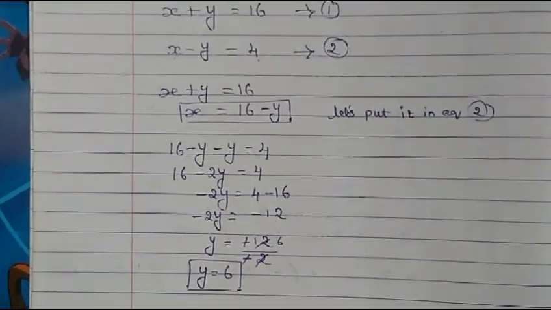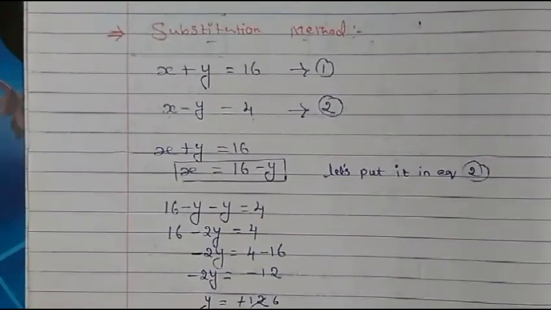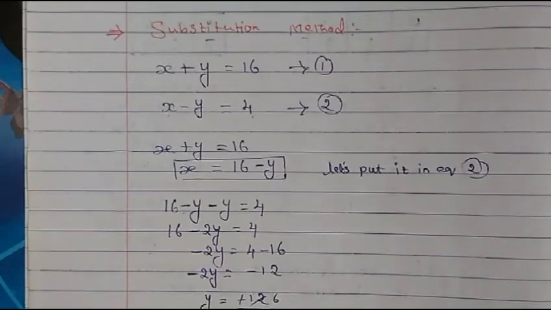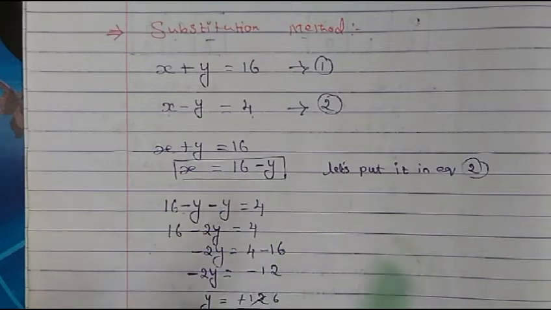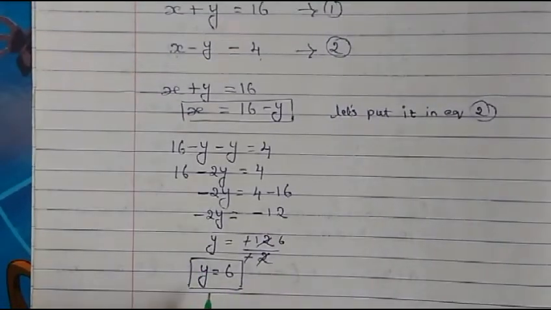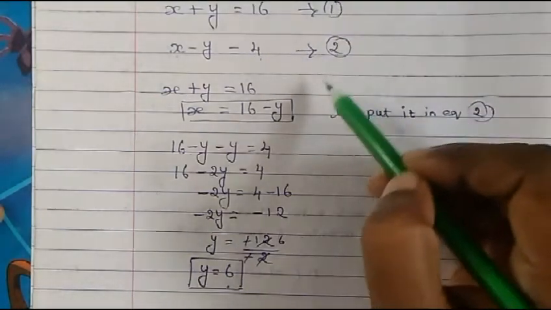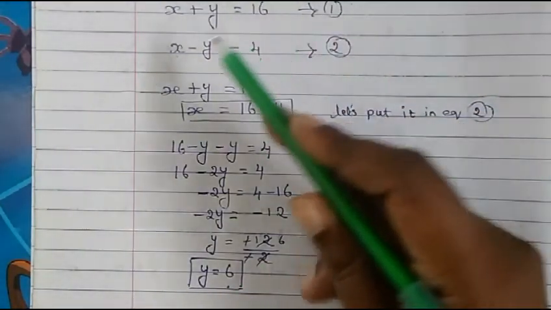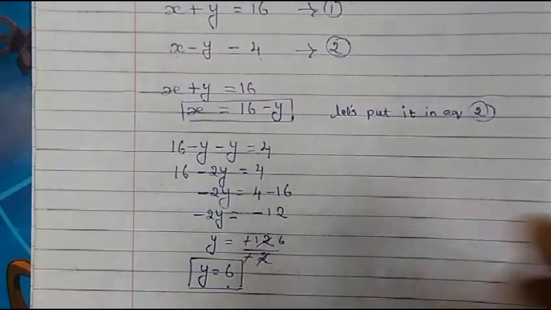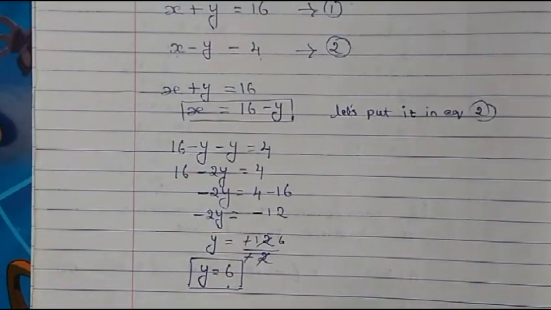So we found the variable y value 6. But using that we now have to find the value of x, because this is not the value of x, since we still have the variable existing here. Now we have y equal to 6. Now put this value into either equation 1 or equation 2, and you will get the value of x. I'll put it in equation 2.